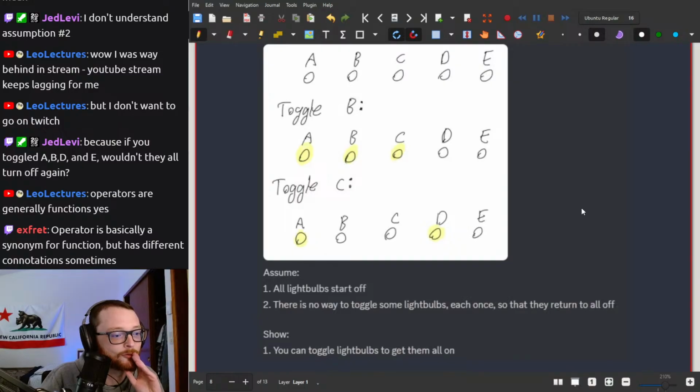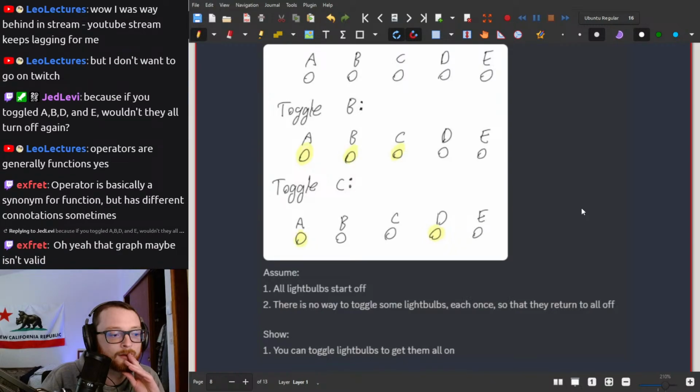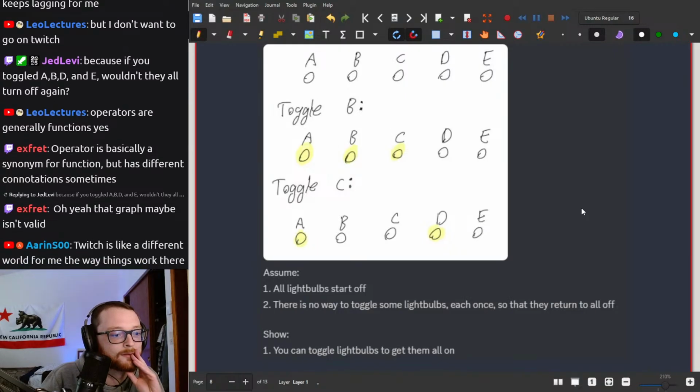You understand assumption 2. Toggle A, B, D, E. When do they all turn off again? Okay, so the example might not be quite right, but actually, wait.